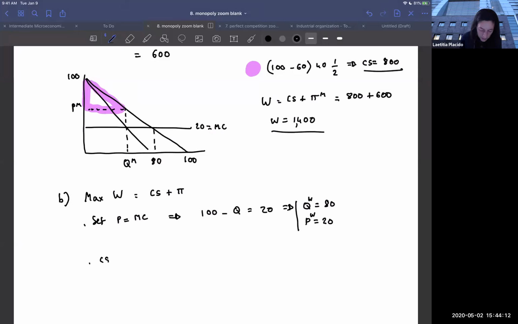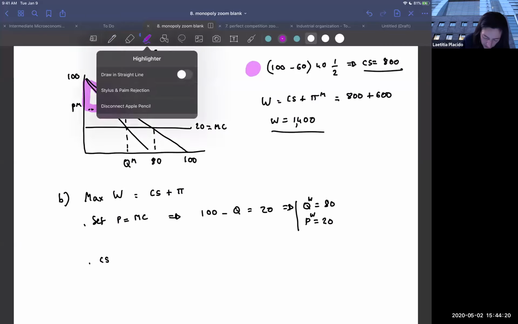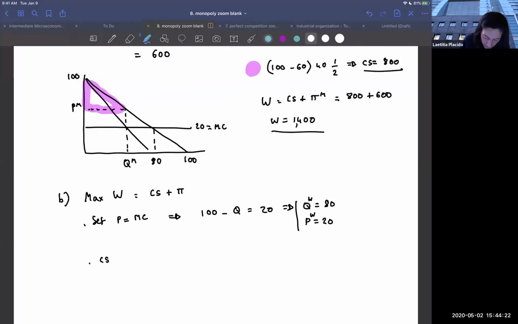The consumer surplus is going to be the blue area here. So consumer surplus is 100 minus 20 times 80 divided by 2. And that's 3200.